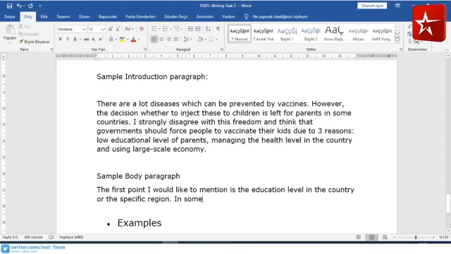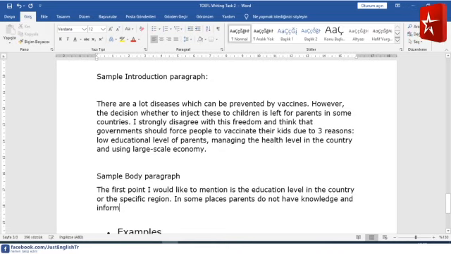In some places, parents do not have... I will not use "education level," so now I am trying to change "education level," and I will say maybe, do not have knowledge and information about the possible negative sides if they do not vaccinate their children.